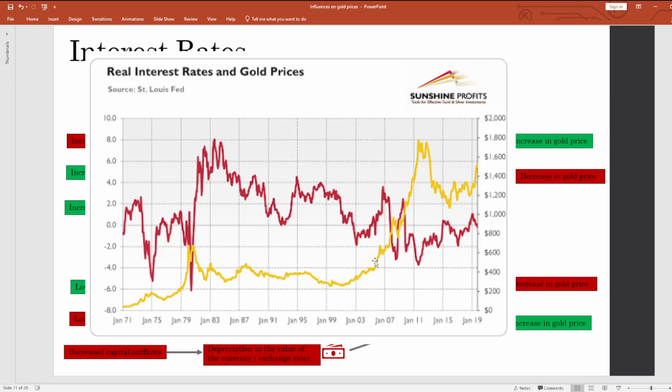And when interest rates are increasing, gold prices actually drop here. So interest rates going up, gold price is going down, and vice versa. So that is the true relationship between interest rates and gold. It's negative. When one goes up, the other goes down.